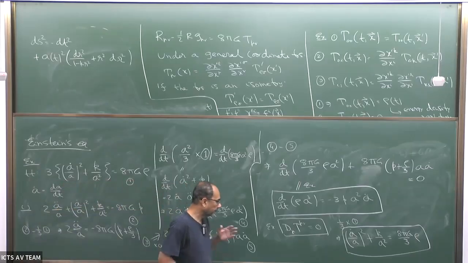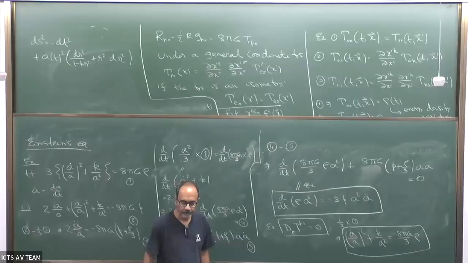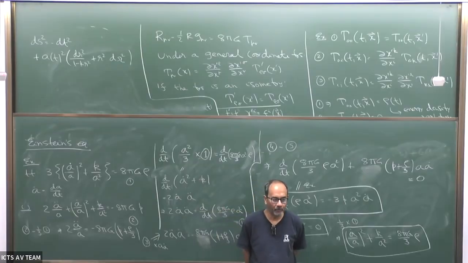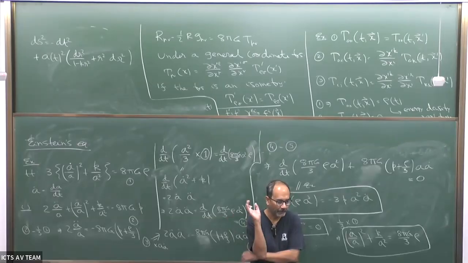So now we see that you have two differential equations, and how many unknowns? How many functions of t that you don't know at this stage? a we don't know, rho you don't know, p also you don't know, right? So there are three functions that you don't know, and we have two equations. Even if you give the initial conditions, it's not possible to solve them. So we need one more equation somehow.